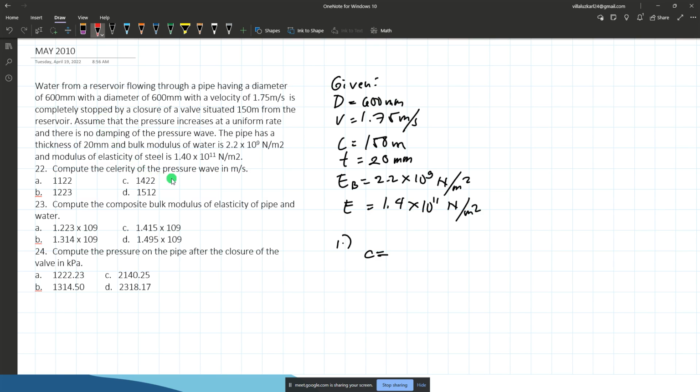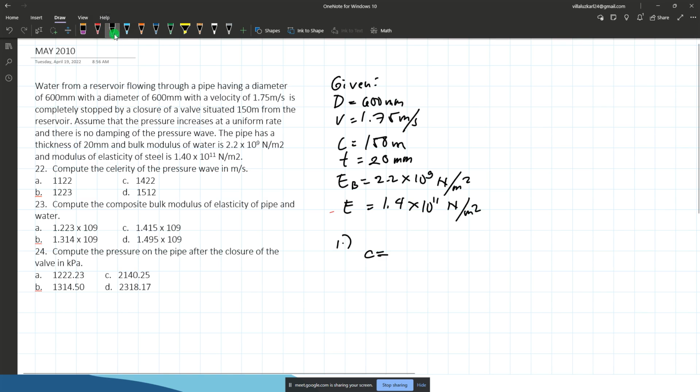But in this problem, it is indicated that the thickness, the length, and the diameter of the pipe are all given. So it is a clue that it is a non-rigid pipe, because we are going to use these given parameters, such as the thickness and diameter, as well as the modulus of elasticity of the steel, since we have a steel pipe.